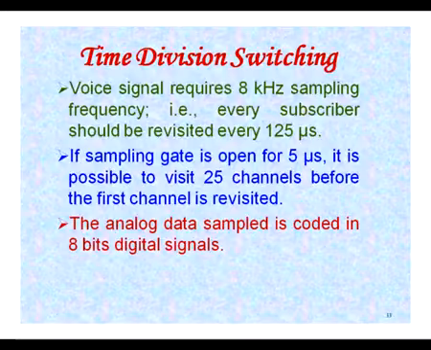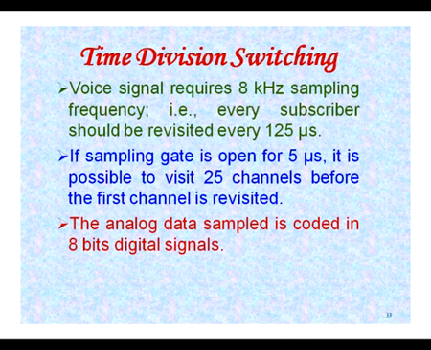So the sampling theorem determines that for a telephony signal, you should sample your telephone signal at least at 8 kilohertz. Now 8 kilohertz means that if you have a particular channel, I can sample that channel at intervals of 125 microseconds.